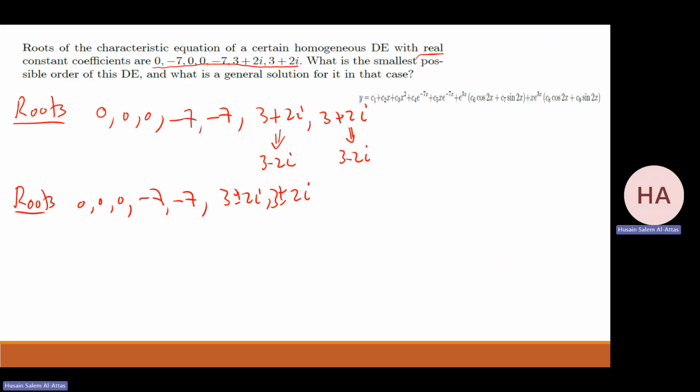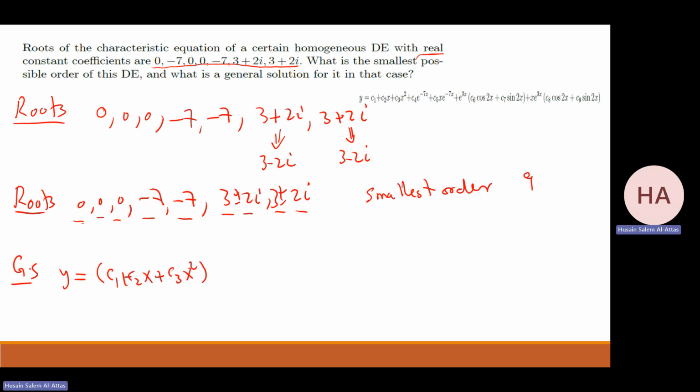Now I can write. So what will be the smallest possible order? I have 1, 2, 3, 4, 5, 6, 7, 8, 9, so it is 9. So it will be the general solution. y will be, here I have C1 plus C2x plus C3x squared, e to the power 0, which is 1. Here I have C4 plus C5x, e to the minus 7x.